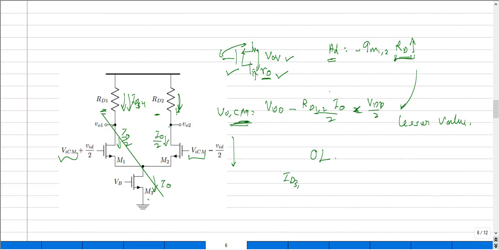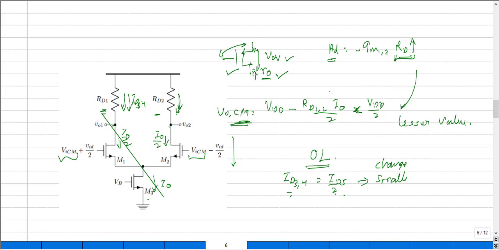So the current that is flowing across the drain of M3 and M4 to be exactly equal to that of ID 5 by 2, the chance of maintaining this particular relation is very small, when we leave this under an open loop condition.